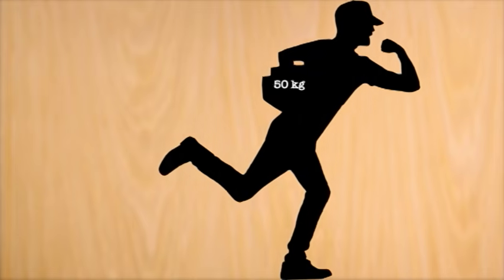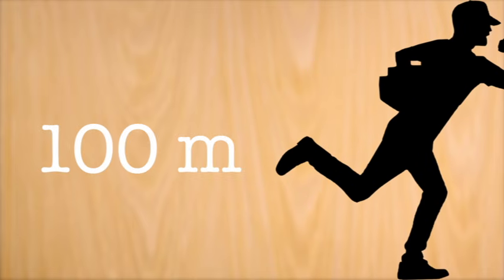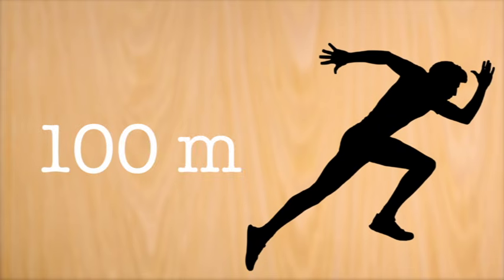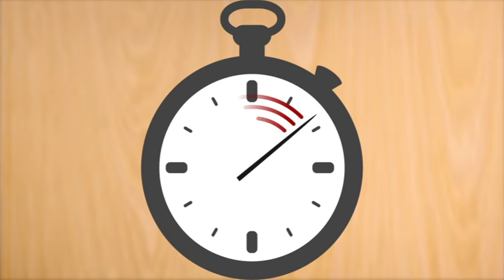You can even take a 50 kg bag of cement and race 100 meters while recording the time, and then race another 100 meters without the bag while recording the time again, and compare which time is faster.